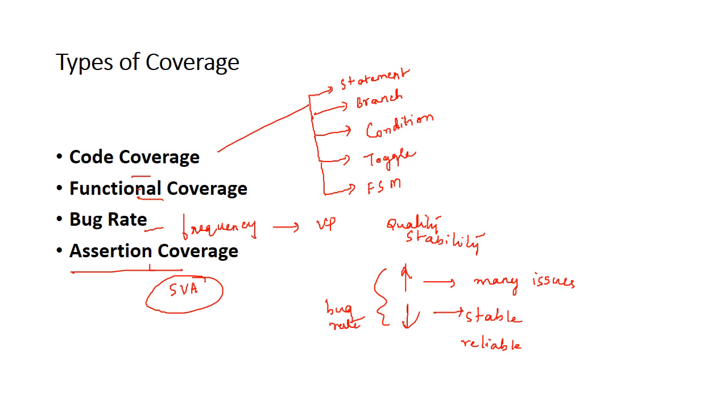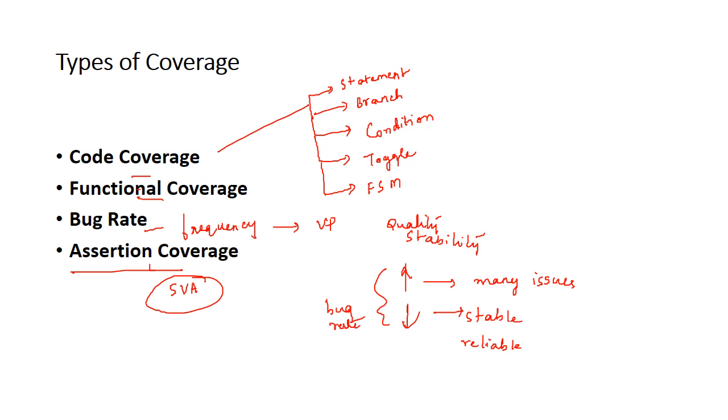So this is how the bug rate metric summarizes the design: whether there are any issues present which have to be addressed, or whether the low bug rate means my design is stable and reliable.